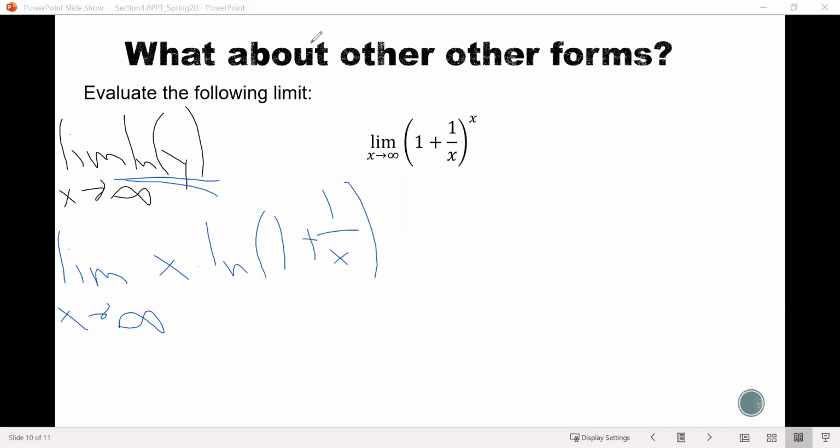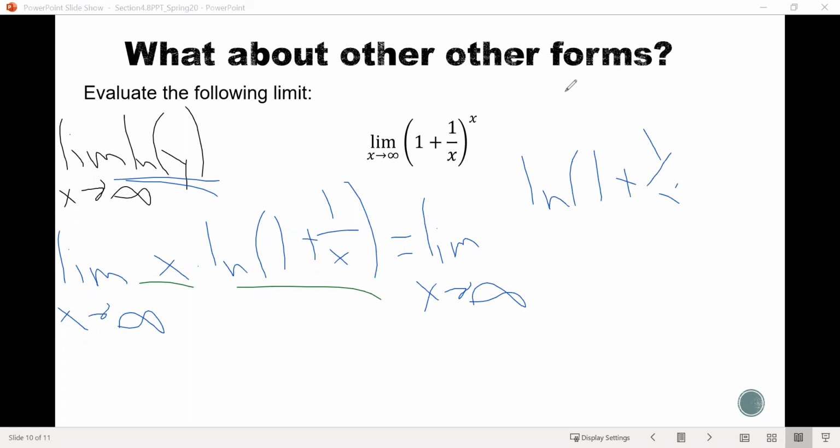And notice that this x times ln of 1 plus 1 over x has a similar form to the one we were just looking at. So we can rewrite this as the limit as x goes to infinity of ln of 1 plus 1 over x, over 1 over x. So just using that same trick we just used.